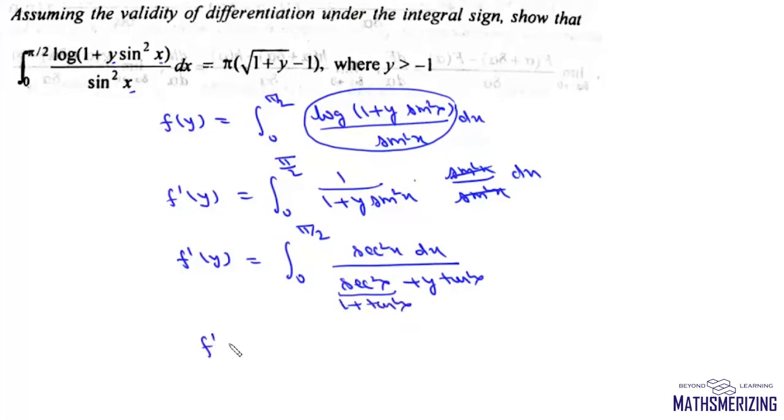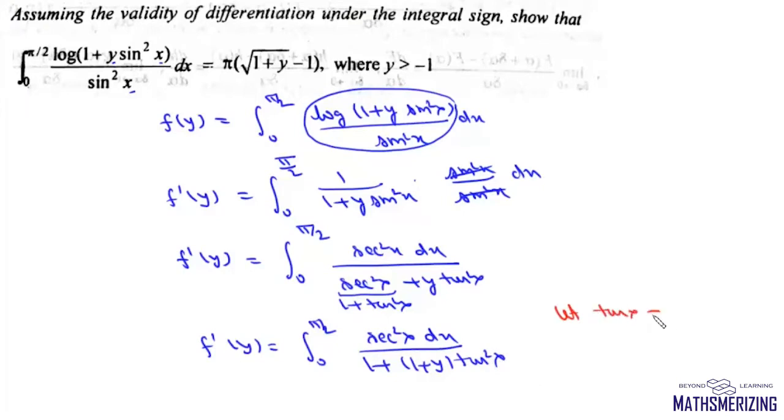So this f dash y will be the integral from 0 to pi by 2 of secant square x dx upon (1 plus y tan square x). Now we'll let tan x be t, then we'll have secant square x dx as dt.